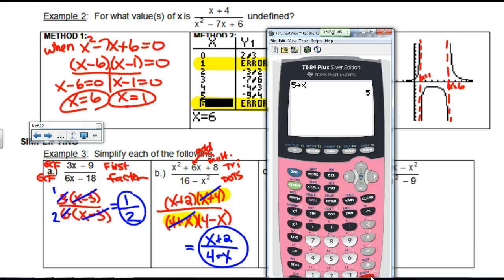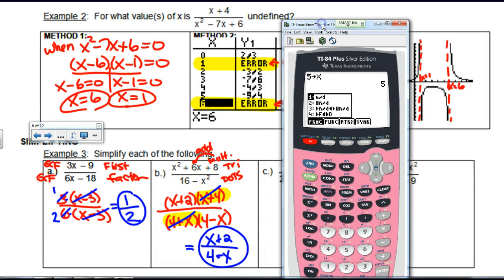All right, and now I can just type in my original problem. And I get this value out.